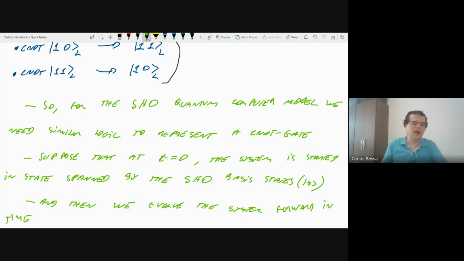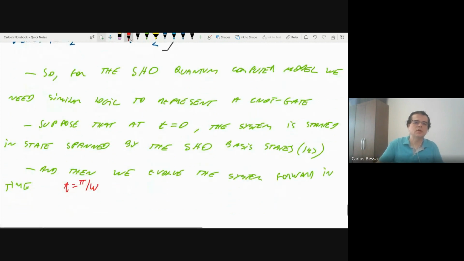But at each time of the order t, pi over omega. Okay, we will see why in a instant. So t, where omega is the frequency of the oscillator.